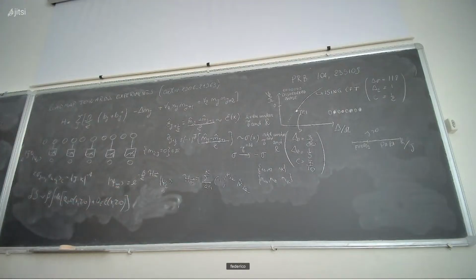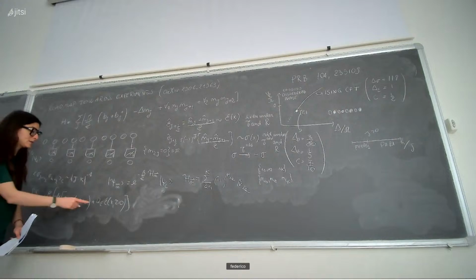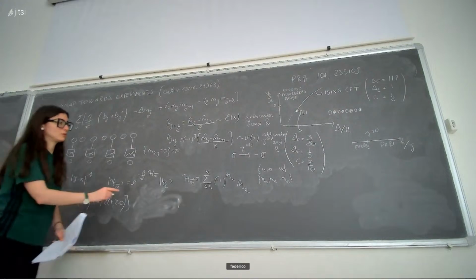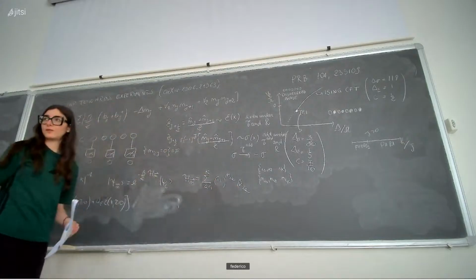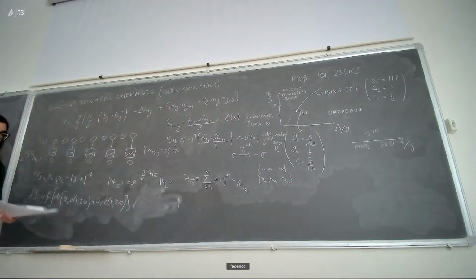So now the question is, what is the value of this a_sigma and a_epsilon, and how are they related to the measurement pattern that we have. And here is where the symmetries play an important role.